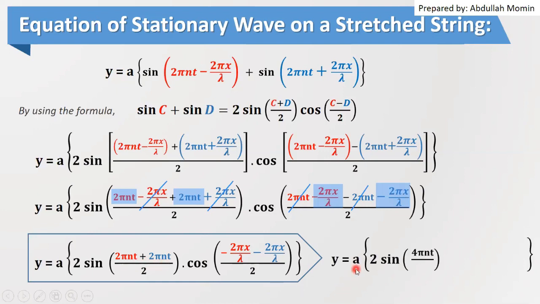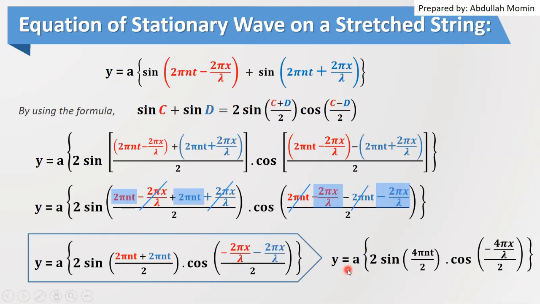So we are going to get y is equal to a 2 sine 4 pi nt by 2 into cos minus 2 pi x upon lambda, and minus 2 pi x upon lambda is going to add, and we will get minus 4 pi x upon lambda divided by 2. So this is the last term which we are getting on this slide.